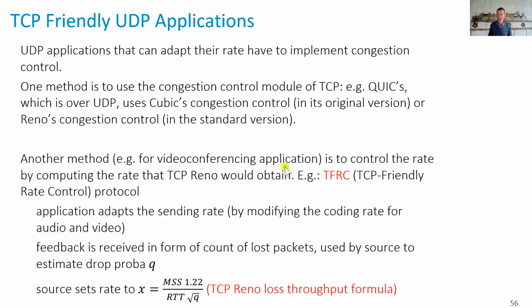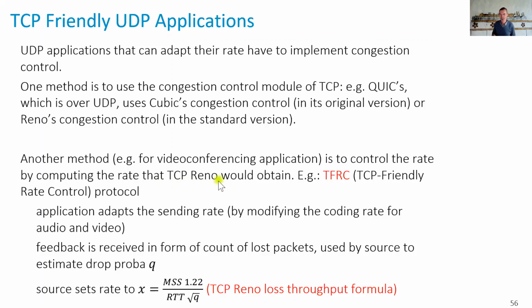So such applications, they don't have a window like TCP or QUIC has with acknowledgements and all that stuff. Instead, they have a module that can control the rate by changing the coding parameters. Such application should also react to congestion. And the dogma in the internet is that they should do it by imitating exactly TCP.